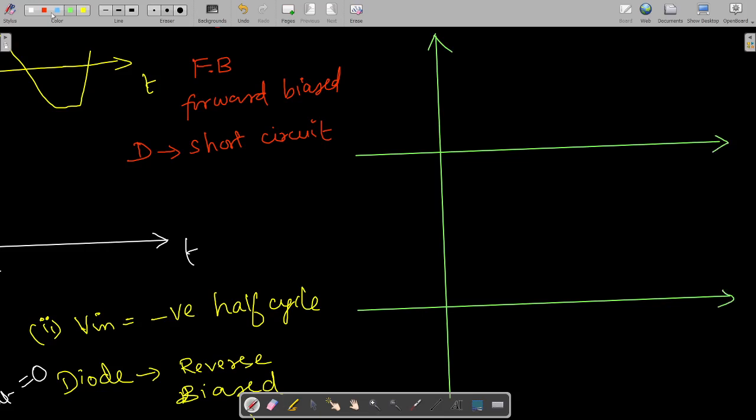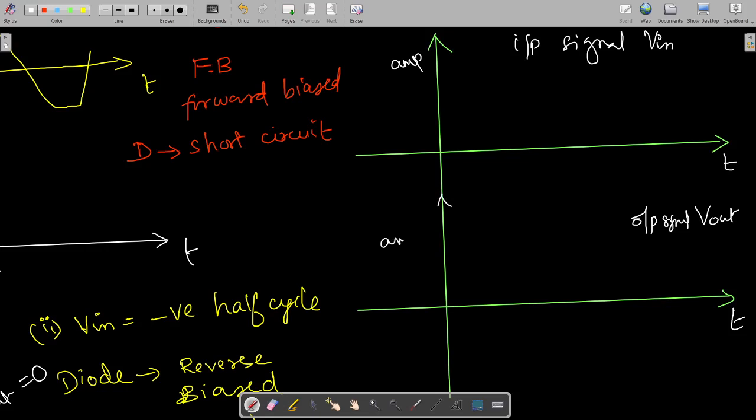The top portion represents the input signal, P in. This is your time axis, and this is also a time axis. Here I am showing the V out output signal. This axis is amplitude, and here also it is representing the amplitude.